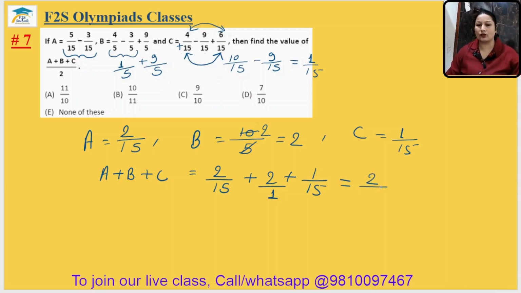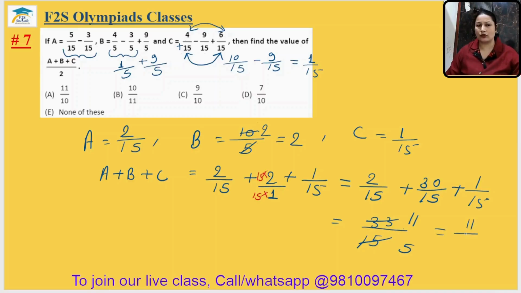So we can write 2/15 plus 30/15. I have multiplied 15 with the numerator and denominator both. So now it is 30/15 plus 1/15, which is 33/15. After simplification, 3 11s are 33, 3 5s are 15. So it will be 11/5.